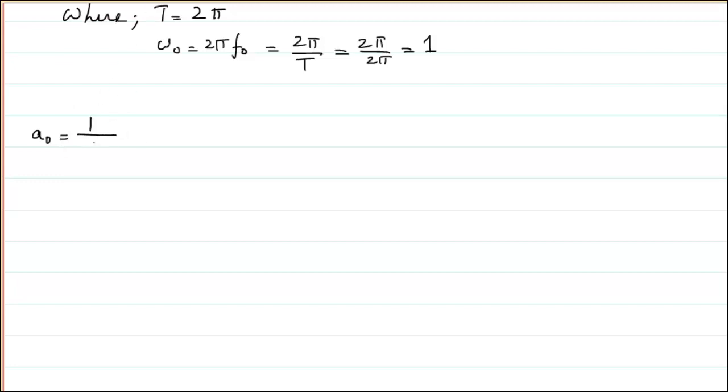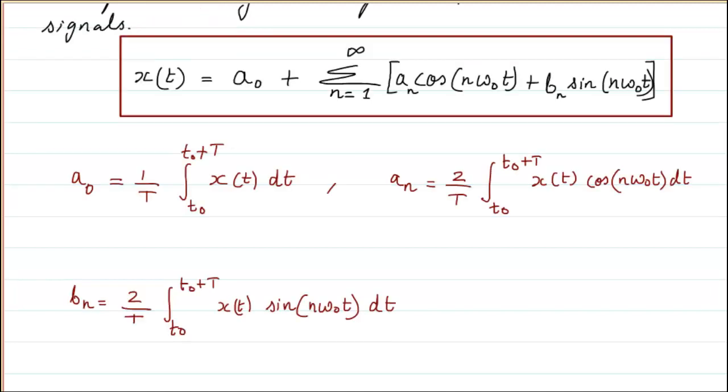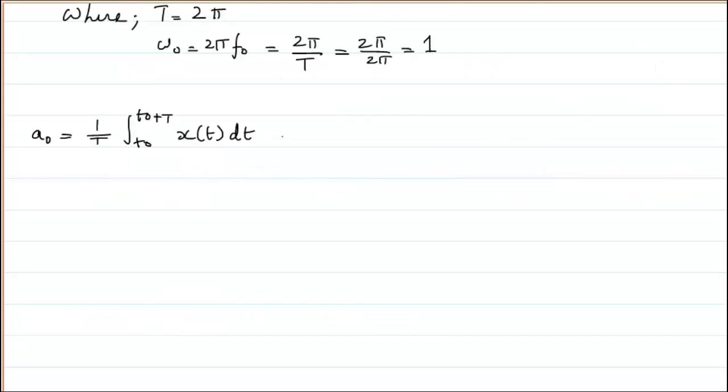So 1 by 2 pi, which is T, integral, or first let me write the equation itself. The equation will be 1 by T integral T naught to T naught plus capital T x of t dt. Correct? That is the equation of A naught, x of t dt.